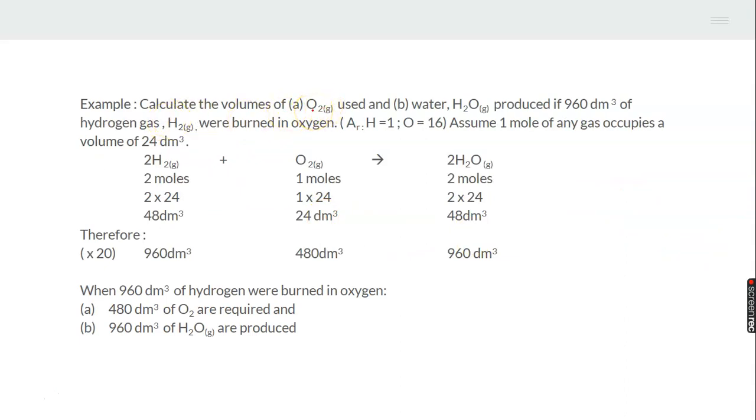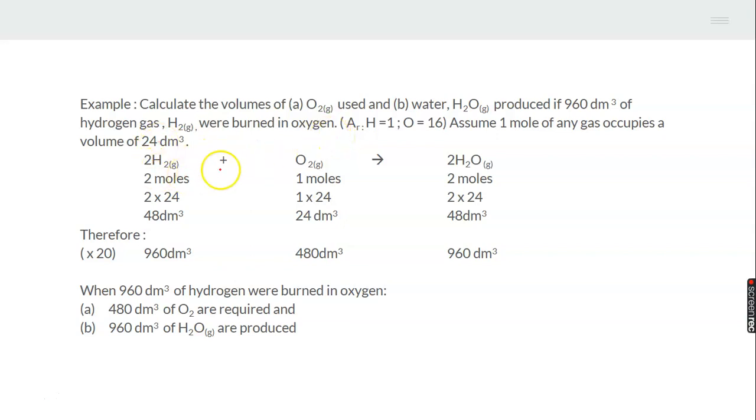The question is divided into two segments. A, you have to calculate the volume of oxygen gas used and water in the form of steam. That's why it's in gaseous state. So produce, if 960 dm cube, that's cubic decimeter, of hydrogen gas were burned in oxygen.